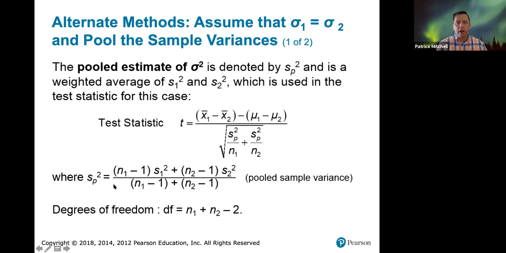S sub p squared is equal to n1 minus 1 times S sub 1 squared plus n2 minus 1 times S sub 2 squared, divided by n sub 1 minus 1 plus n sub 2 minus 1. And in this case, the degrees of freedom is n1 plus n2 minus 2. So it allows you to use a higher value for the degrees of freedom than if you kept the samples separate.